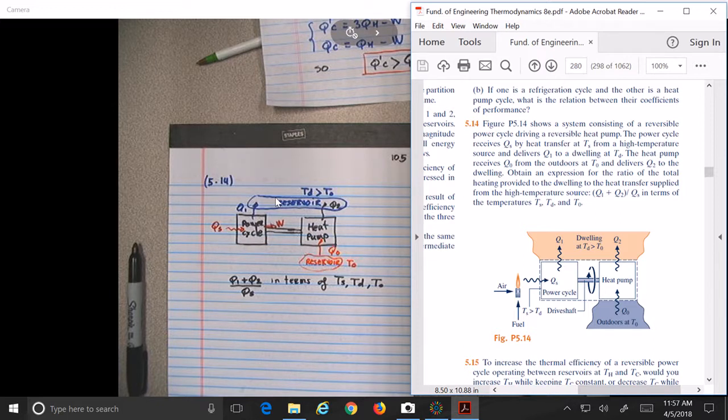So I think the important word over here is that they are reversible. If they are reversible, the efficiency is going to be a function of the temperature. Is that what they want us to do? Alright, so I have no idea how to solve this one again.